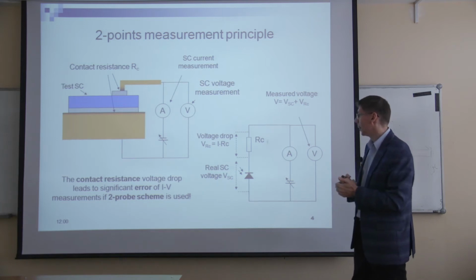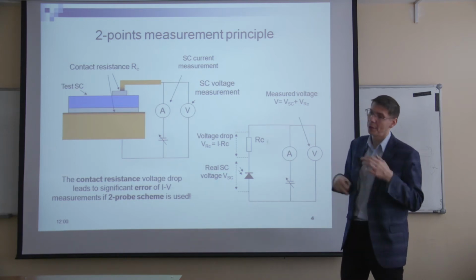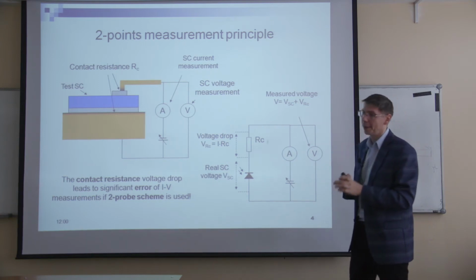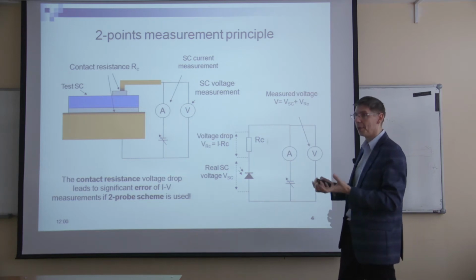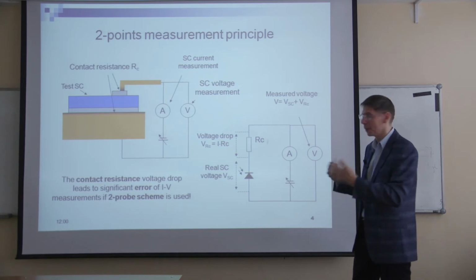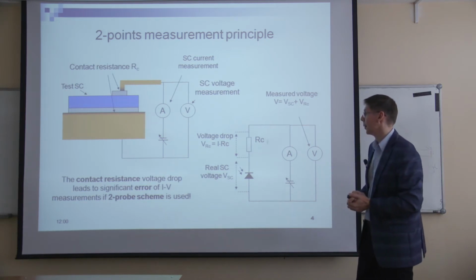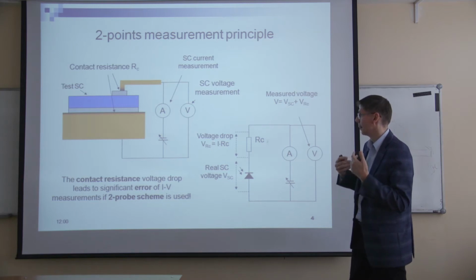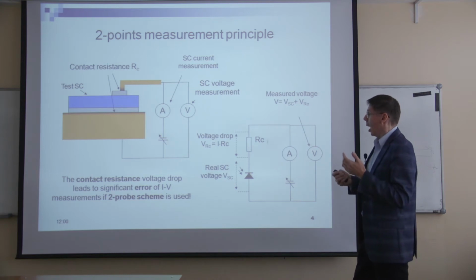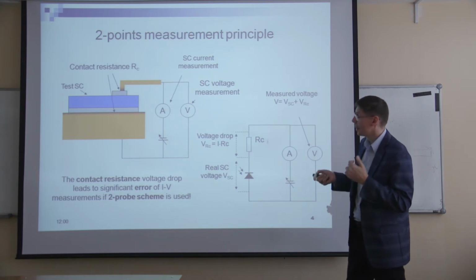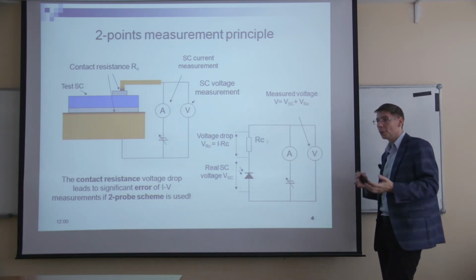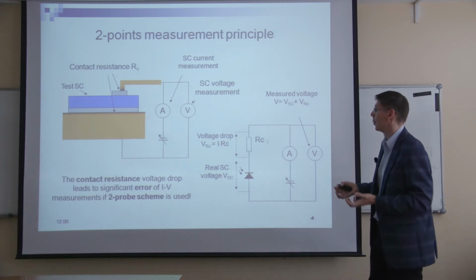So if you remember, when we tried to calculate the solar cell for 1 square centimeter area, the current density was related to the current divided by the 1 square centimeter. The contact resistance of 1 ohm could lead to approximately 1% of efficiency loss.